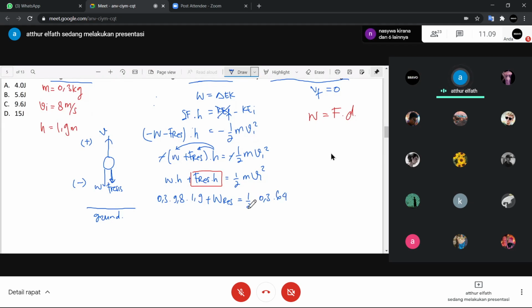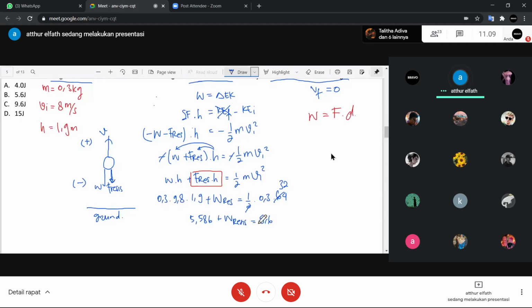Let's calculate this one by one. 0.3 times 9.8 times 1.9, we will obtain 5.586 plus work of air resistance, and then 9.6.